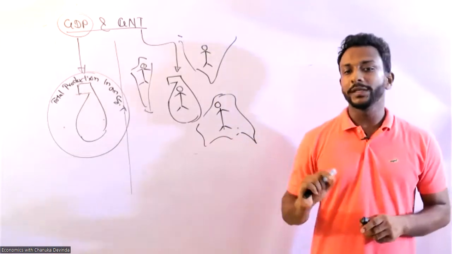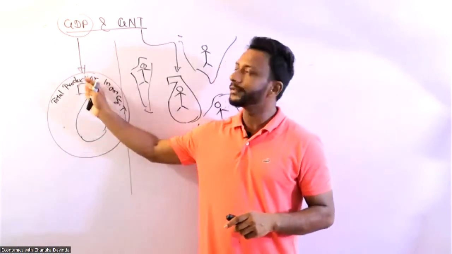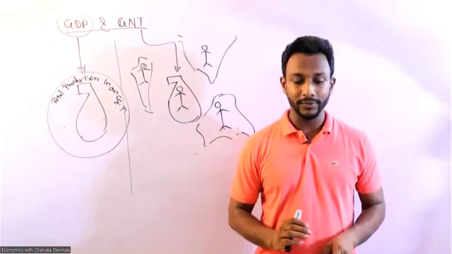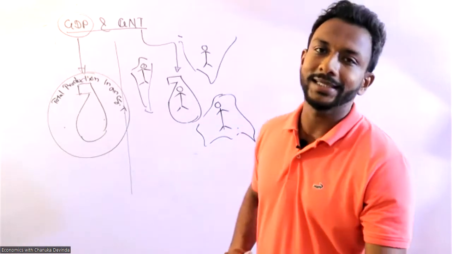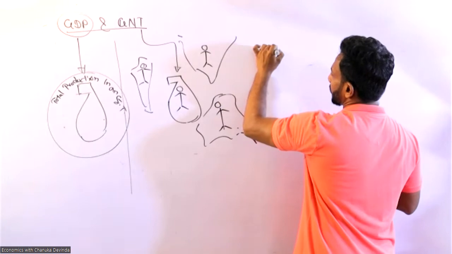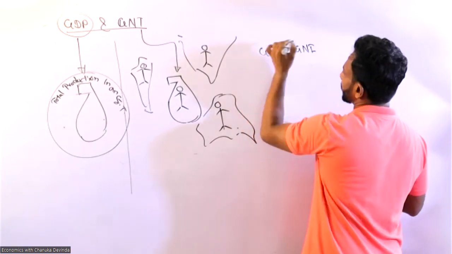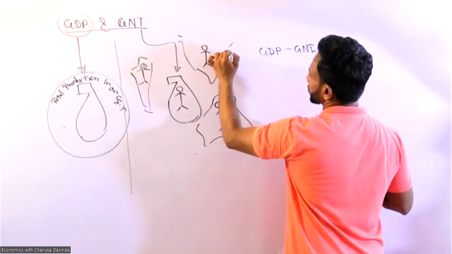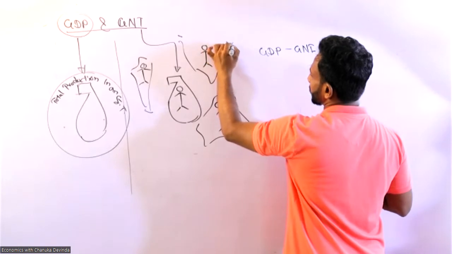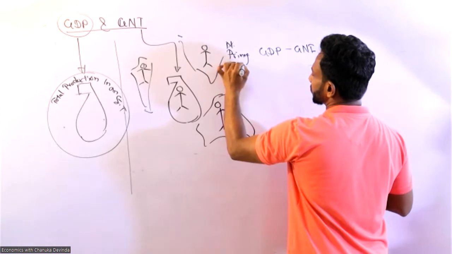The question asks you to provide definitions as well as the difference. So what is the difference? The difference between GNI and GDP is equal to what? Net primary income.